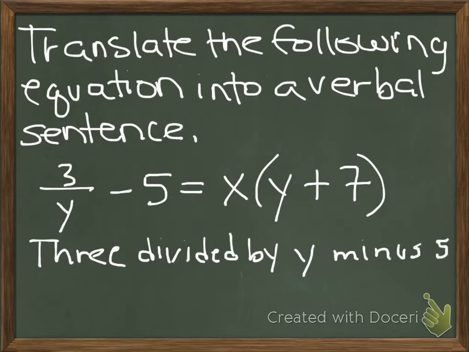5. And then the equal sign, you can write this a couple of different ways. Sometimes is equal to, sometimes just equals. We'll simplify it and just write equals. And then we have x, so equals x. And then we need to write the product of y plus 7 because we want to group y plus 7 together.